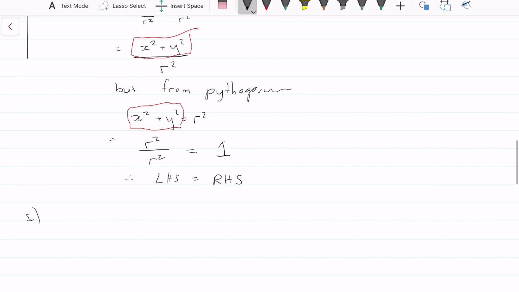Let's try a different one. So we have 1 plus tan squared theta is equal to, let's see, 1 plus tan squared theta is equal to sec squared theta.